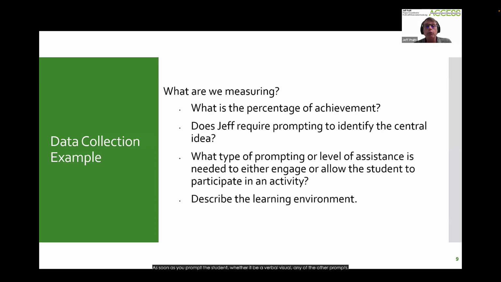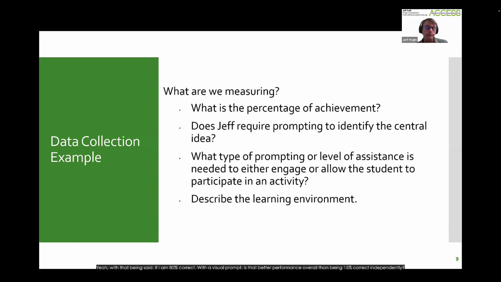As soon as you prompt the student, whether it be verbal, visual, or any of the other prompts, we no longer are measuring the percentage of achievement. We're identifying the prompting, how much prompting they needed, the conditions. If you're prompting and then trying to award the student a percentage of achievement, that is a skewed performance. It's not a real representation of the student's performance because of the prompt. So it's either one or the other.